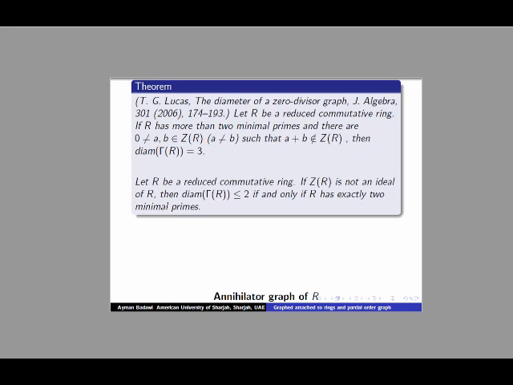If I gave you R to be a product of two integral domains, like if I told you R equals Z5 cross Z11, quickly I know that the diameter of the zero divisor graph of Z5 cross Z11 is going to be 2. Why? Because the ring Z5 cross Z11 is reduced, okay? And by this theorem, the diameter is going to be 2.